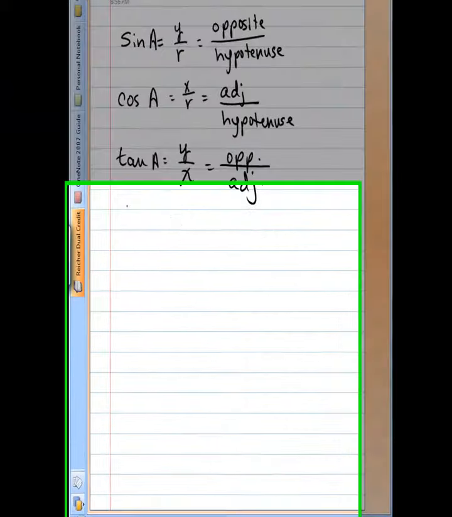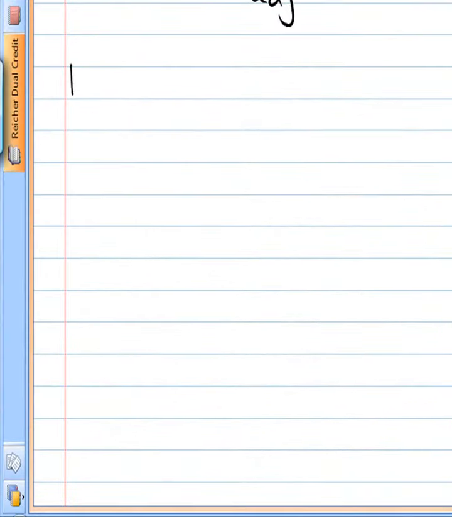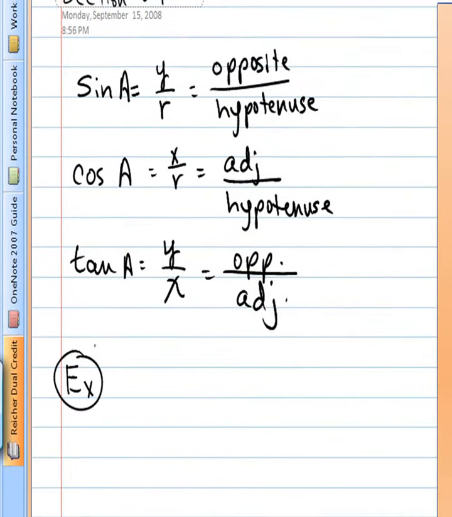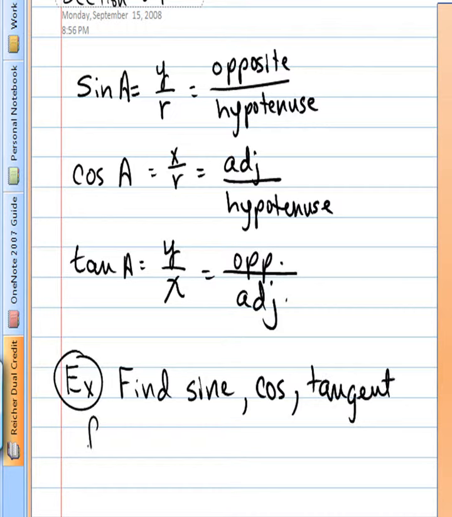Alright, let's do a problem. The example: find sine, cosine, tangent for angles A and B in the triangle.